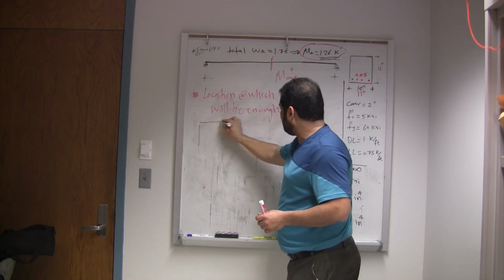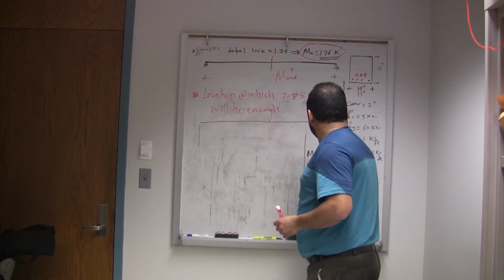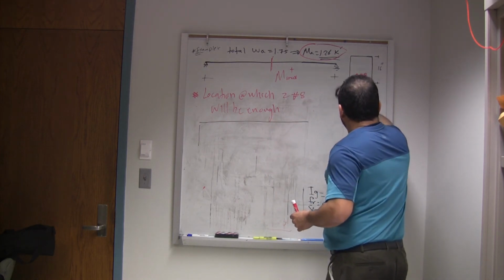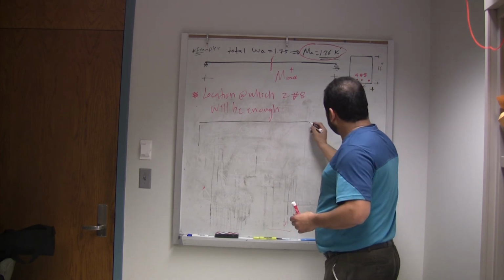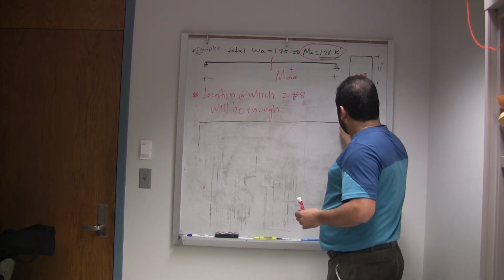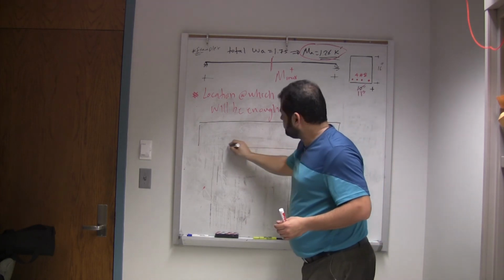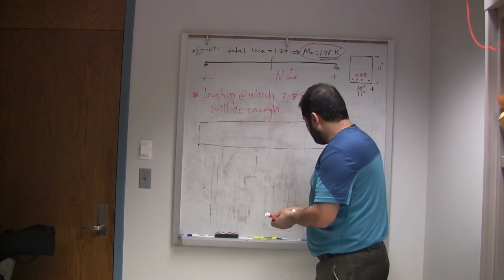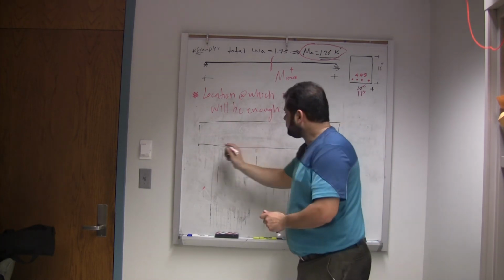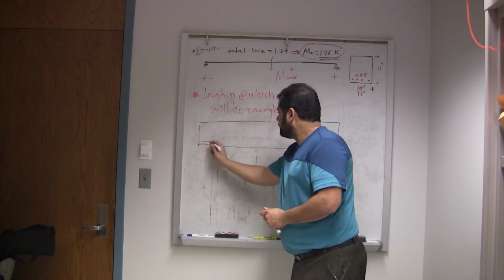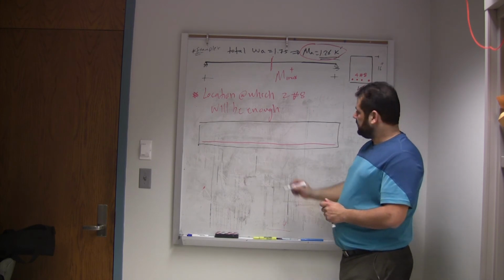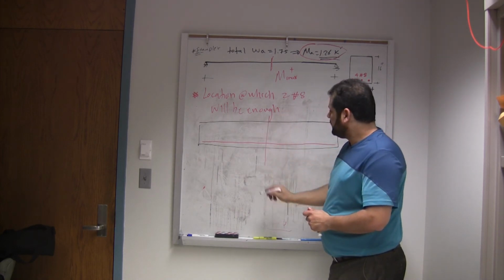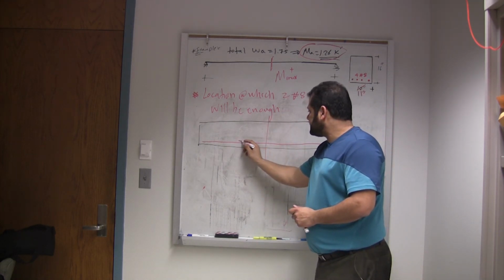It's like you have the following. So that's your beam. You have 4 bars. 2 go all the way. This is the center line. And 2 will go up to a distance here.